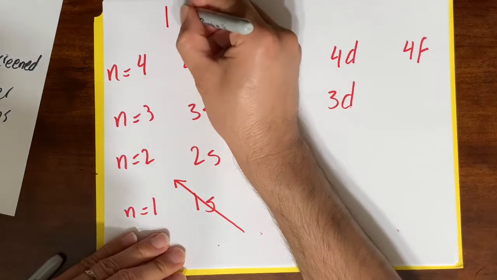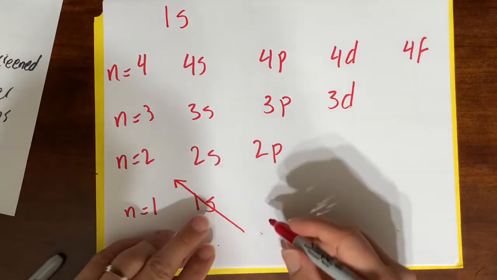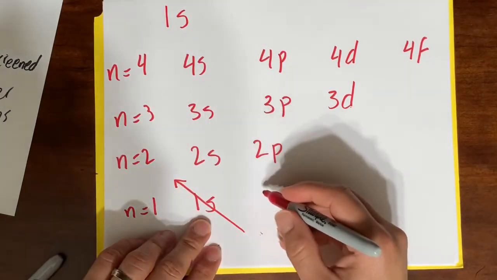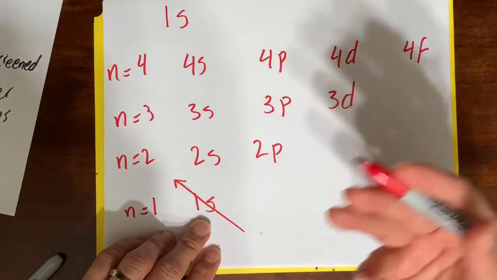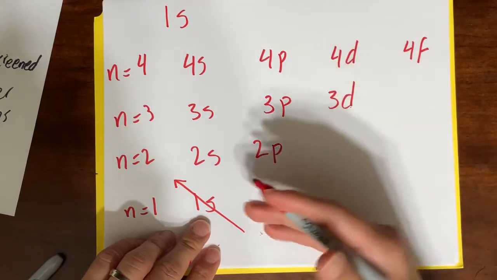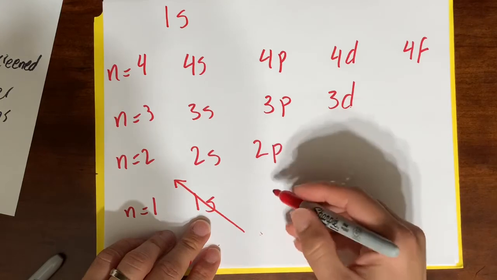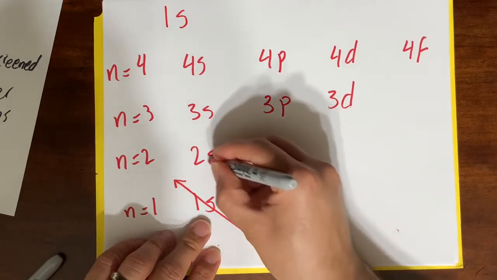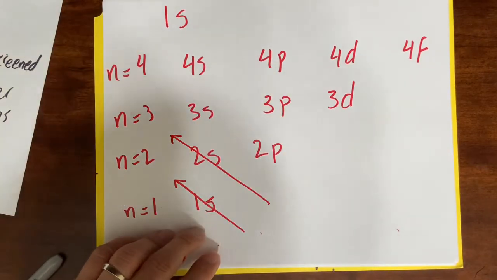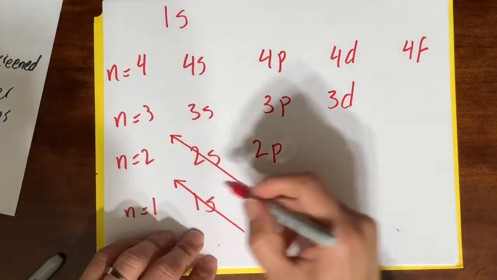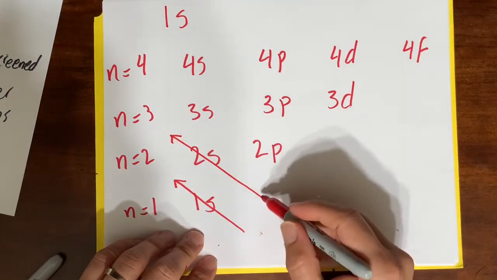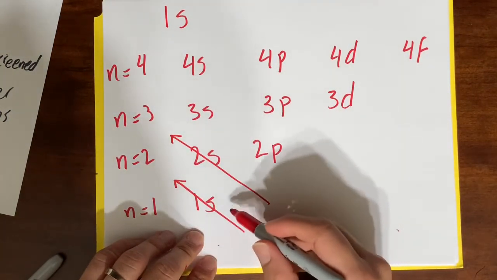Write 1s. Then draw another vector parallel to the first one, and let it go and pass the 2s. So I wanted to draw it parallel to the first one.